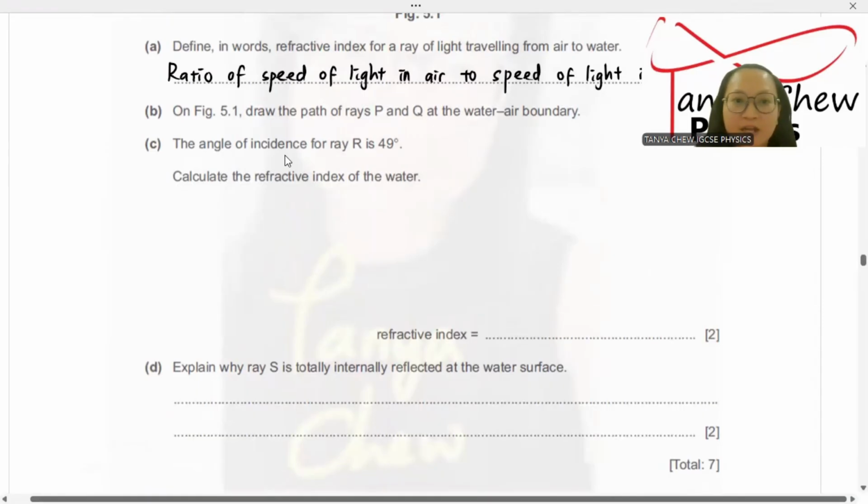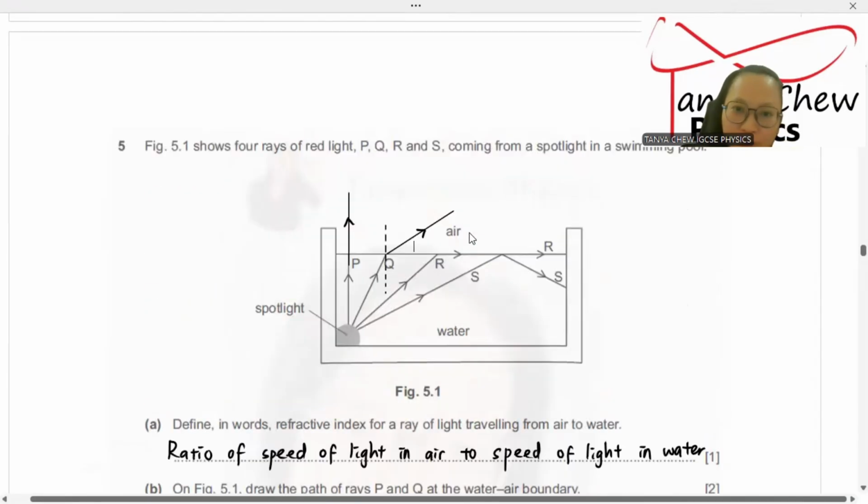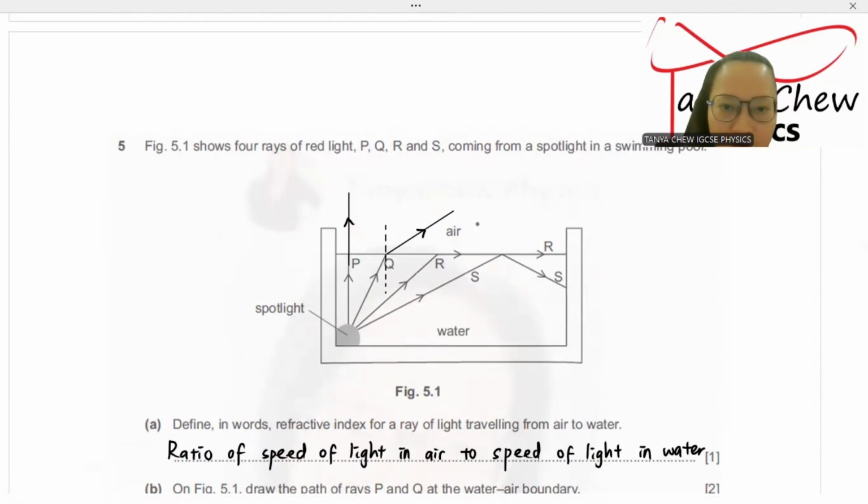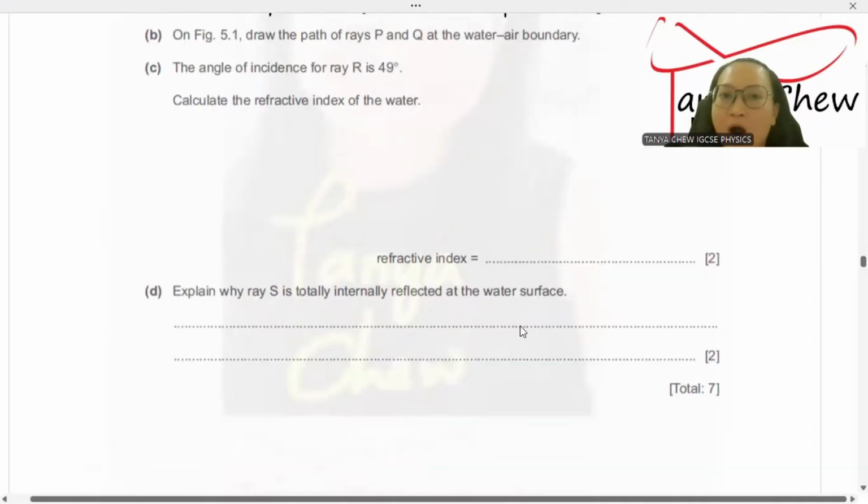Now, the angle of incidence of ray R is 49 degrees. Calculate the refractive index of the water. Let us look at R. R travels from the water to air. It causes the ray R to be refracted at 90 degrees at the interface of the water and air. So R is definitely your critical angle.